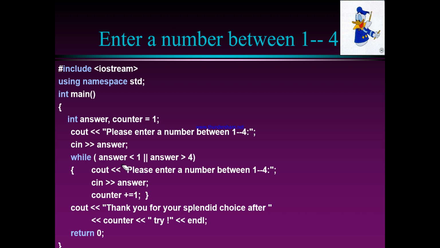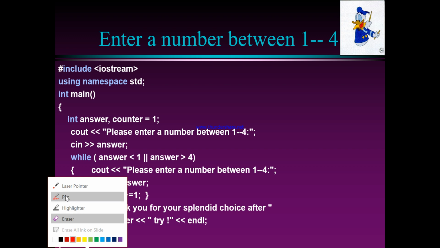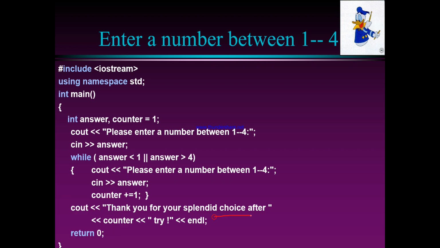So if he enters a number between 1 and 4, we count that number? No, we do not count that number. We directly come to the thank you for your splendid choice. What it means is that we have integer answer and integer counter.